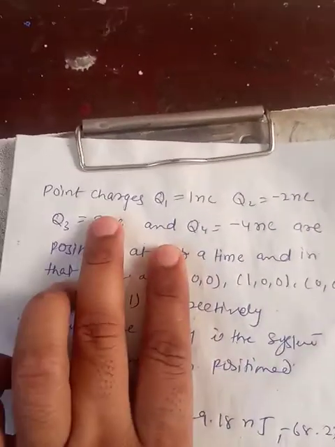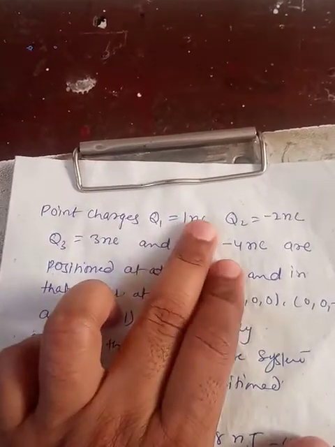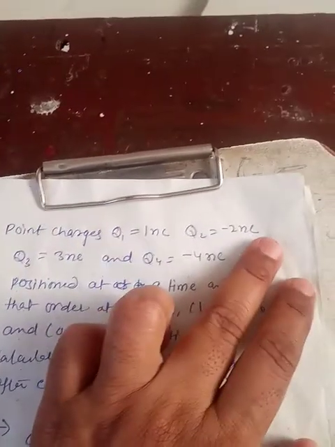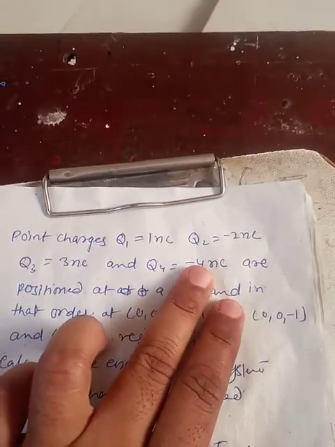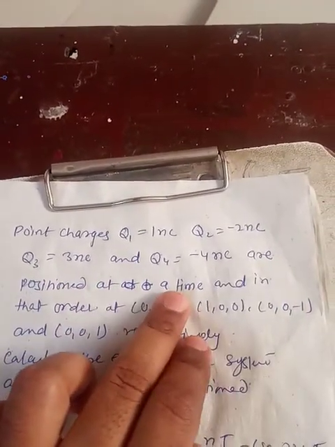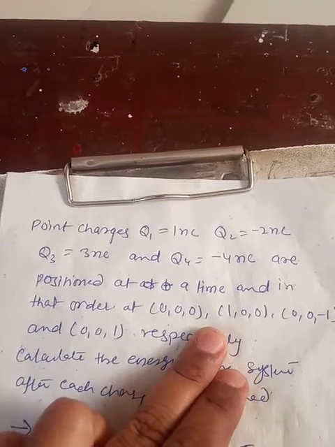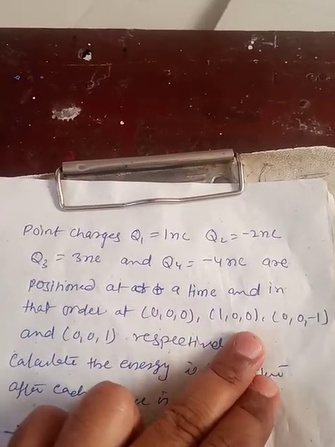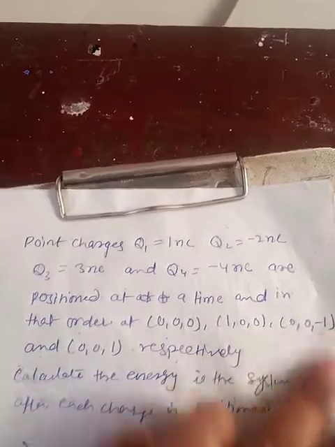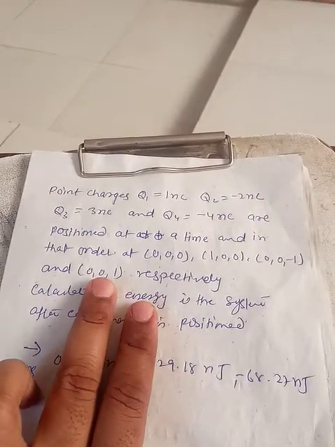Point charges Q1 equal to 1 nanocoulomb, Q2 equal to minus 2 nanocoulomb, Q3 equal to 3 nanocoulomb, and Q4 equal to minus 4 nanocoulomb are positioned one at a time, in that order, at 0 0 1. So Q1 is kept at 0 0 1, then Q2 is kept at 1 0 0, then Q3 is kept at 0 0 minus 1, and after putting Q3, Q4 is kept at 0 0 1 respectively.